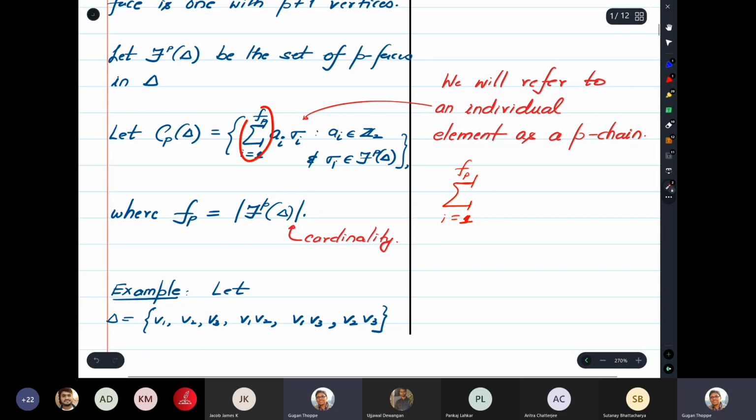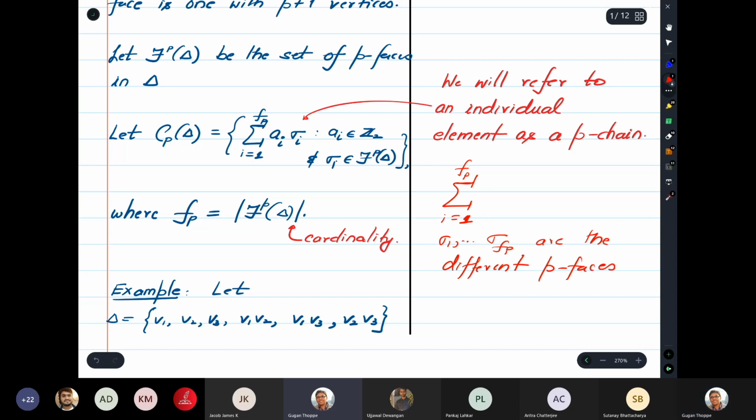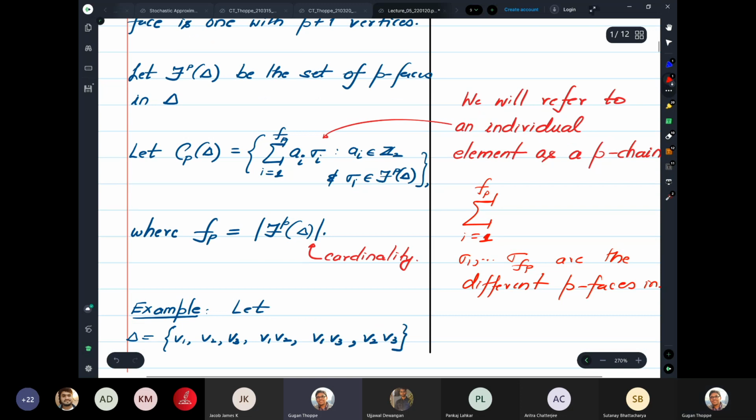So this summation actually goes from i equals 1 to fp. Now you see these sigma i's here. Well, these sigma i's, that is sigma 1, sigma 2, sigma 3, and so on, all the way up to sigma fp, these are the different p faces in delta.